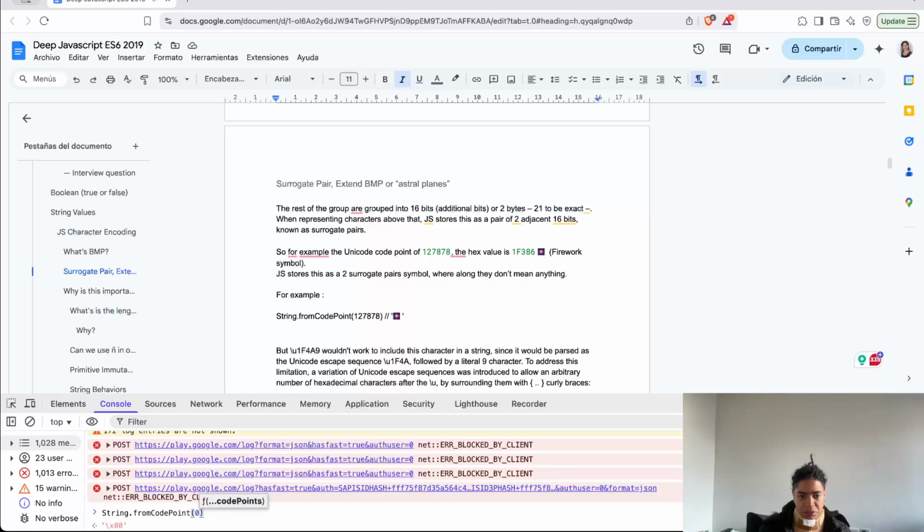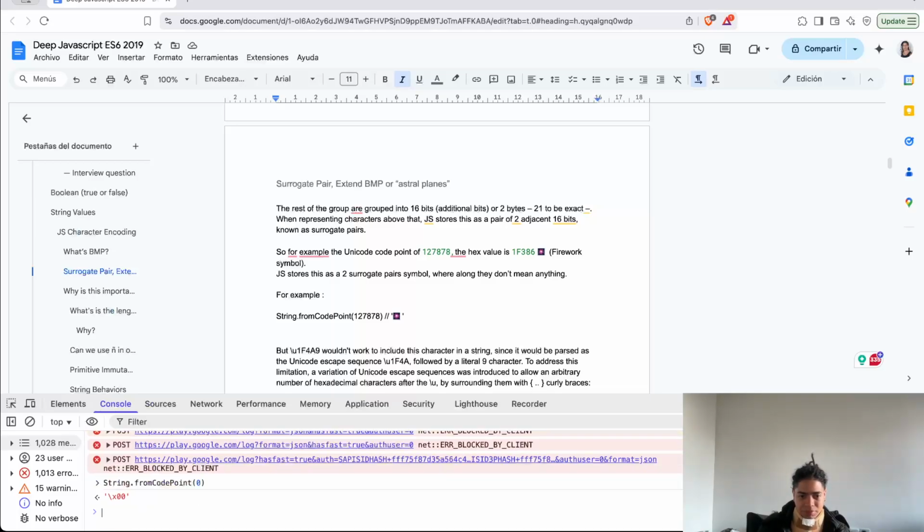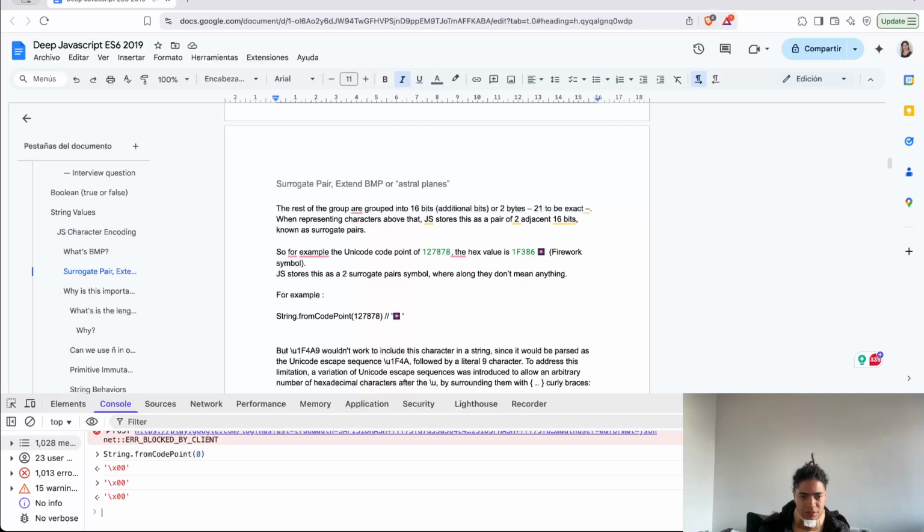And it says, well, it is this. As you can see, this is an ASCII character, escaped here with 00, all right? And it gives you that. This is what the 0 in the table represents.